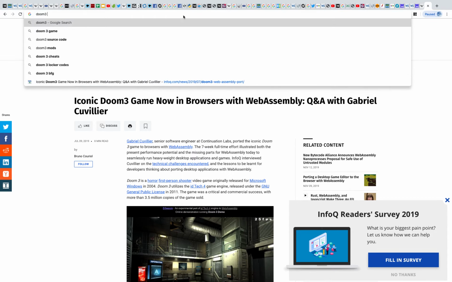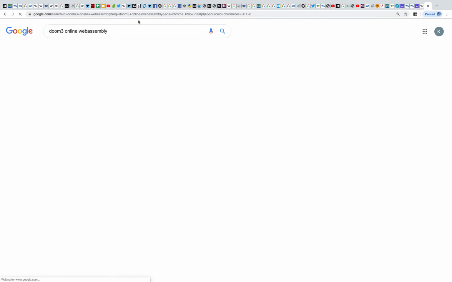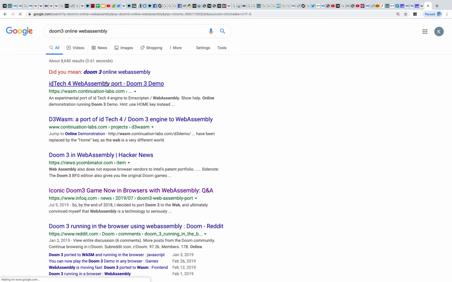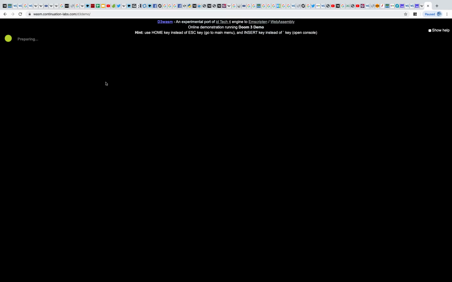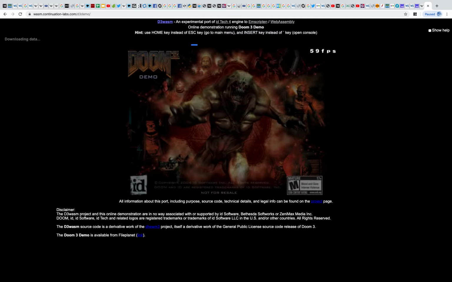Doom 3 online. So this is, I think, Unreal Engine 4. And right now it's just loading up the data to run the game.